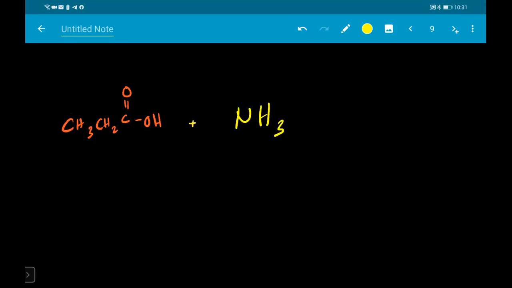Can we consider this as a nucleophilic substitution first? This is a reaction between a carboxylic acid and a non-carboxylic acid.